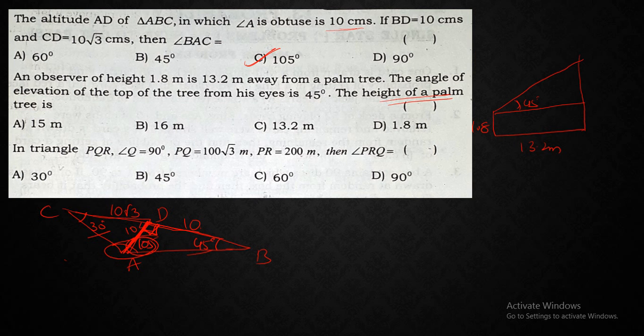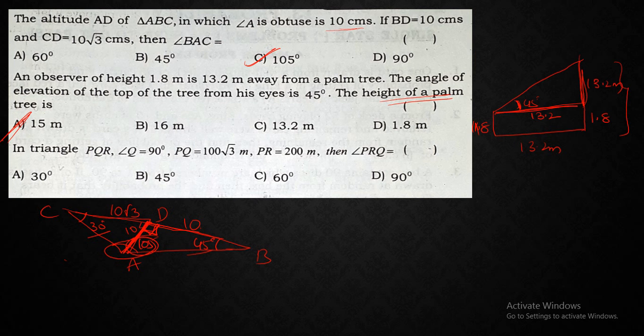Since we know this is 45 degrees, this is 13.2 only, no? This is also 13.2 only, because this is 45, then this distance is equal to this height. But here 1.8 is nothing but height of the person, right? So if I want to find the height of the palm tree, then we need to add these two. So 13.2 plus 1.8 is nothing but 15 meters.